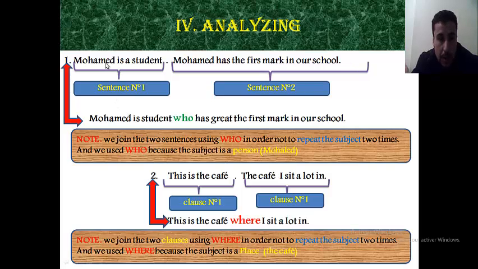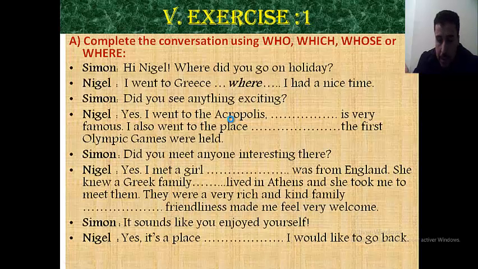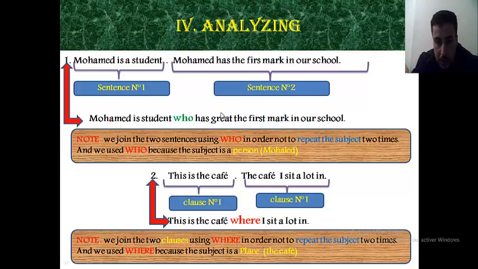Since we have here Muhammad, a person, that's why we use who. Muhammad is a student who has the first mark in our school.